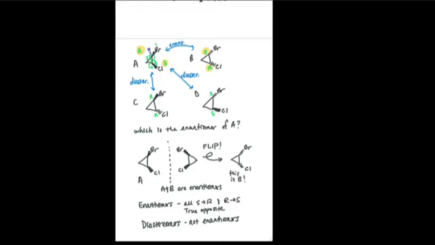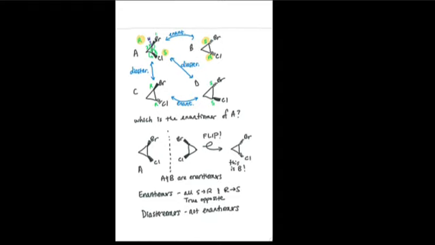All right, so we can think about the relationships between the other compounds as well. The relationship between C and D is such that all stereocenters have changed. So these are also enantiomers of one another.